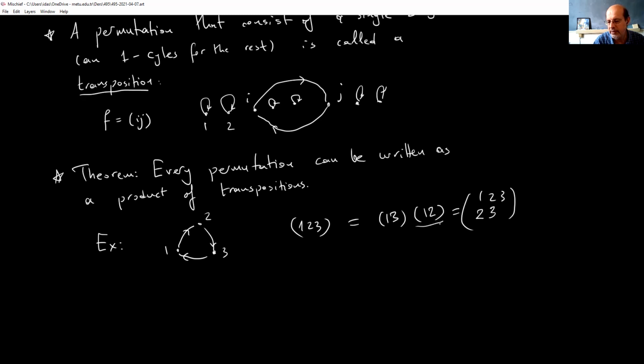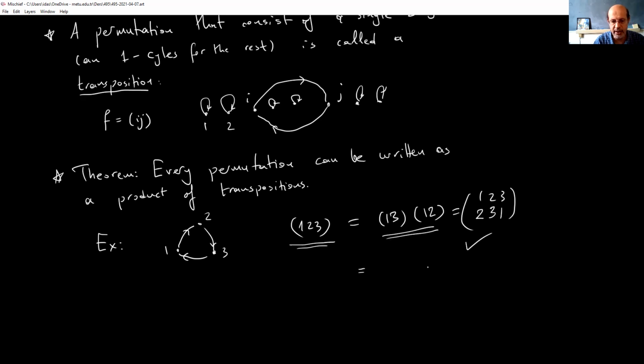The first one doesn't change 3, the second one changes 3 into 1. And so that's basically 1, 2, 3. As a result, for example, this 3 cycle can be written as the product of these 2 transpositions.